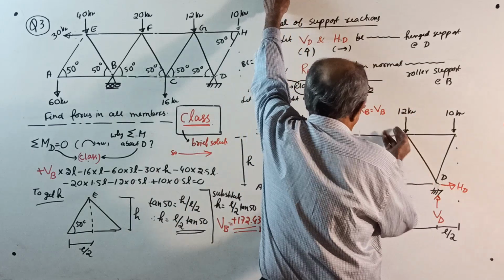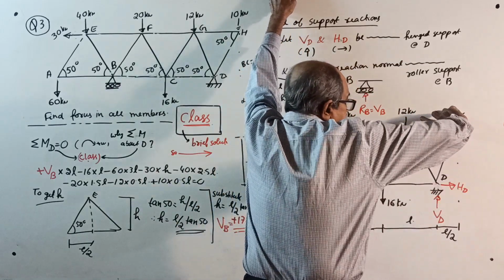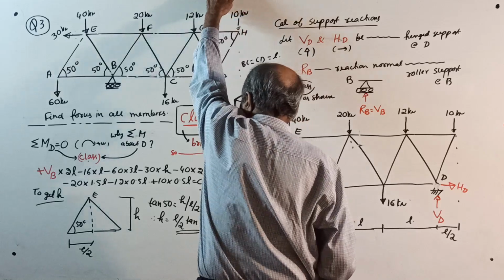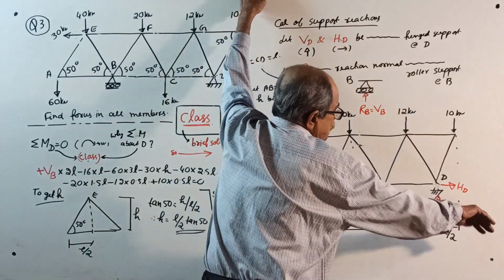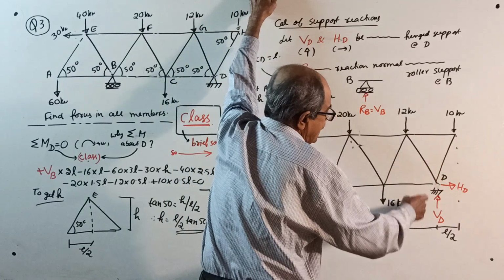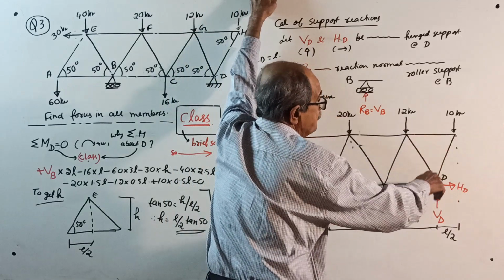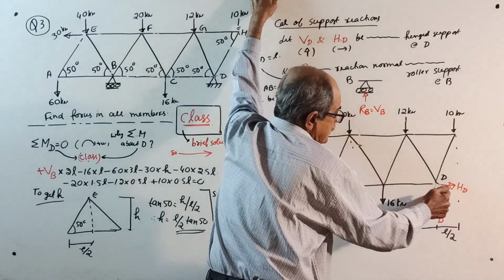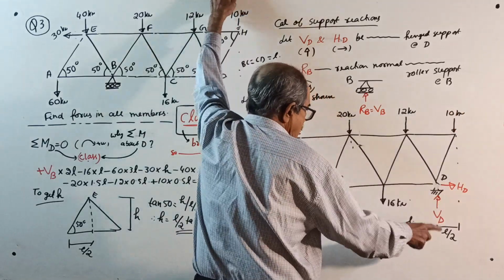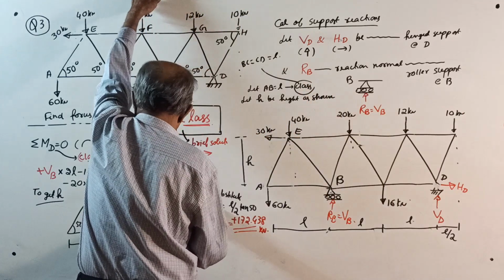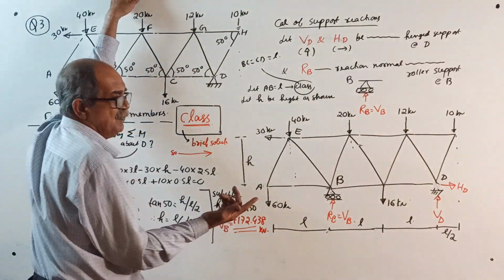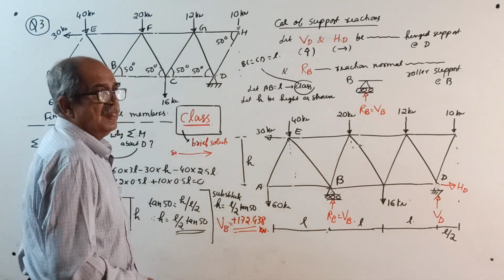Then all over this side, now plus, why plus? Clockwise. Sorry, 12 into 0.5L, moment about this point, anticlockwise. But remember, 10 into L by 2 is clockwise. L by 2 means 0.5L. Okay. 10 into 0.5L, equal to 0.